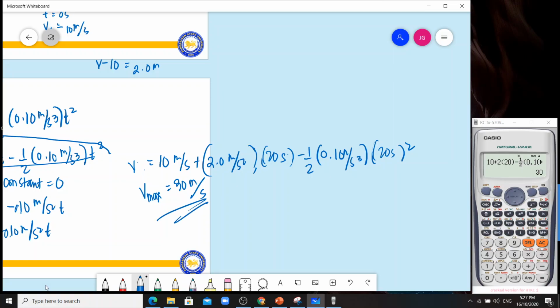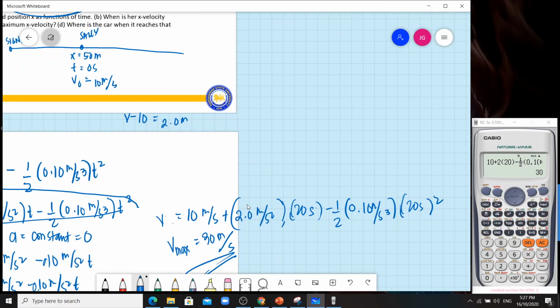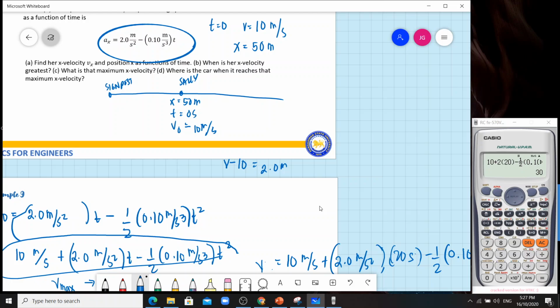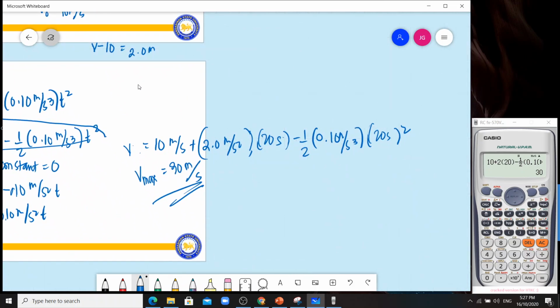Okay, now, next question is, where is the car when it reaches that maximum velocity? So, nasa naman siya. Ngayon, may function tayo na nakuha, diba? Yan ay 10 meters per second plus 2.0t, minus 1 half 0.10 t squared. And we all know na v is equals to dx over dt, diba?